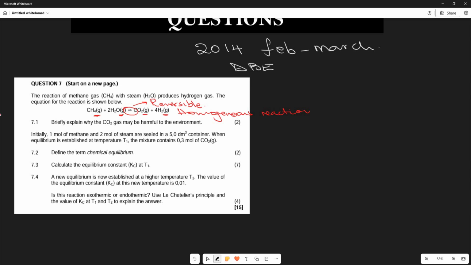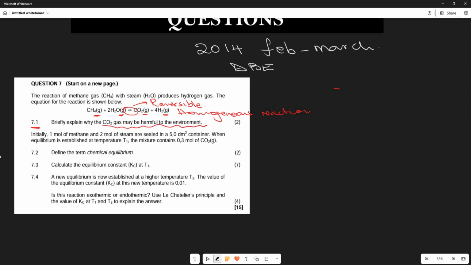So 7.1 then says, briefly explain why carbon dioxide gas may be harmful to the environment.